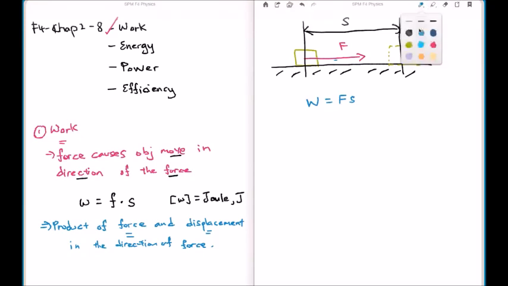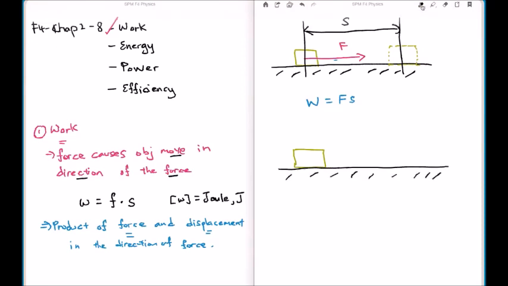Now, next, same object. Instead of the force being from left to right, now a force is exerted at an angle of theta, any angle, just enough to displace the object from left to right over the same displacement.